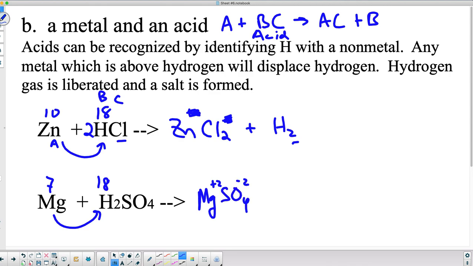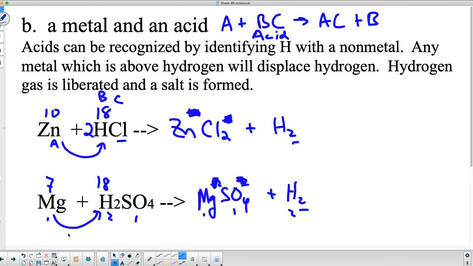SO4 has a -2, and then hydrogen is by itself, but because of Brinkelhoff, I put the 2 there. These +2 and -2 cancel, so that's all I have to do for that. And then I check to see if I got 1 magnesium, 2 hydrogens, 1 SO4, and 1 SO4. So that's balanced.